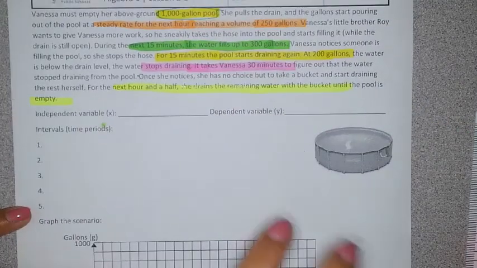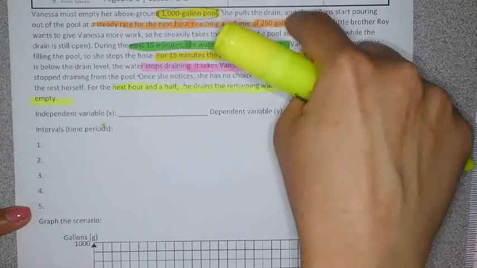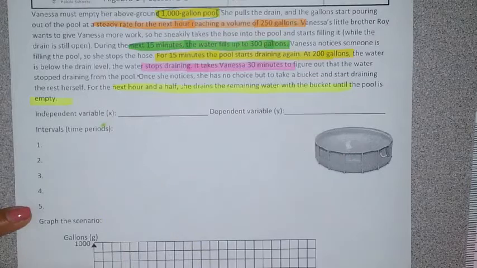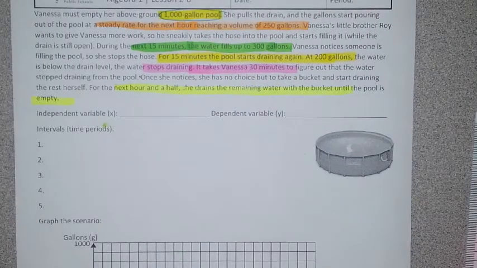Okay, so we have the starting point, then 1, 2, 3, 4, 5 intervals of time. So here we have the two variables, which is gallons of water and time. And we need to figure out which one's a dependent and independent variable. So does the time depend on how many gallons are in the pool, or do the gallons in the pool depend on how much time has gone by?